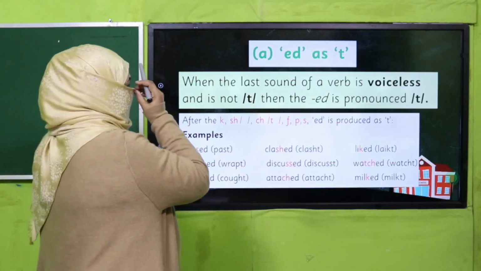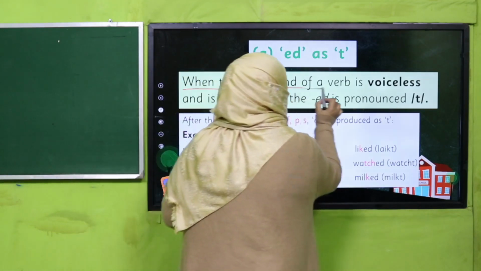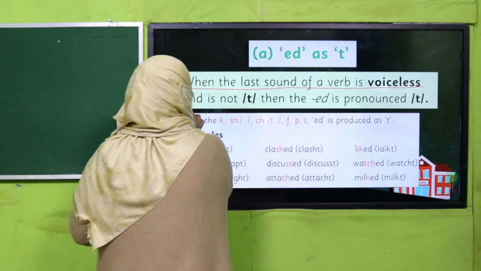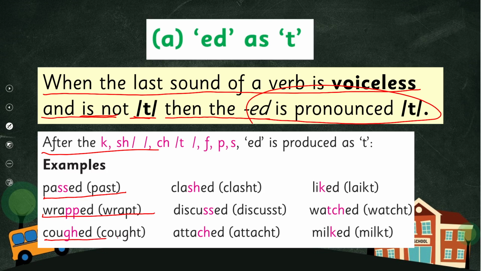The next example is, okay, there are examples in your book: when the last sound of a verb is voiceless and is not T, then the ED is pronounced as T. Here are the examples: passed, wrapped, coughed. Now you know why we are pronouncing this ED as T, because before this, the sound is a voiceless sound.